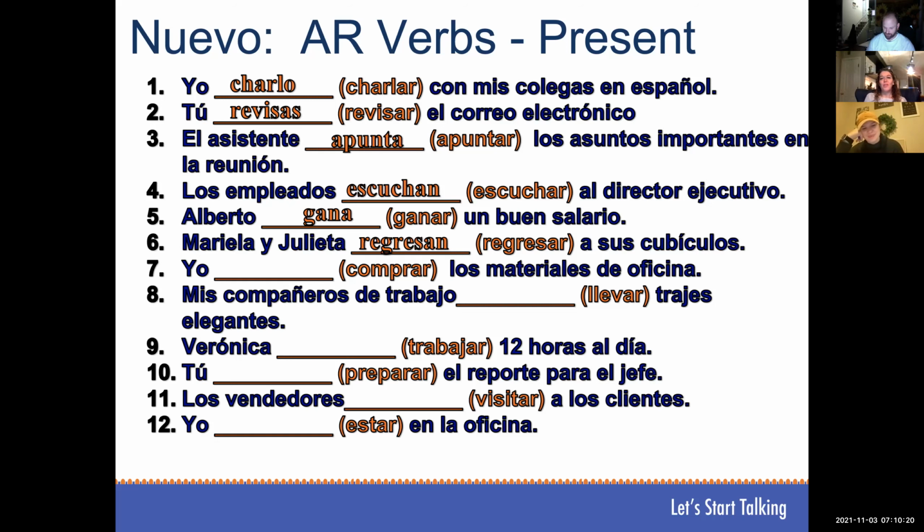Yo compro los materiales de oficina. Mis compañeros de trabajo llevan trajes elegantes. Verónica trabaja 12 horas al día.